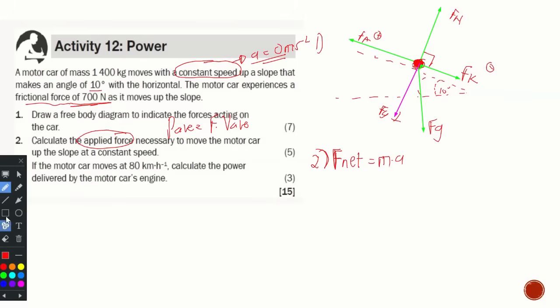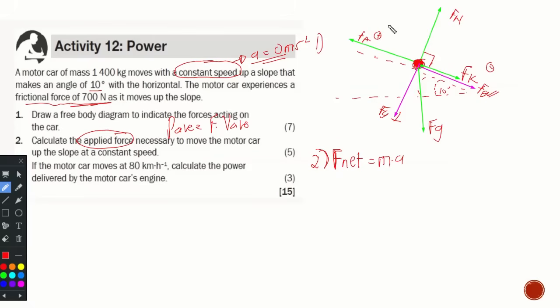So probably this is why it's 7 marks. We should also indicate those components, right? And then this is FG parallel. We do know that FG parallel is always sliding down the incline. So sliding down the incline will be FK and FG parallel.